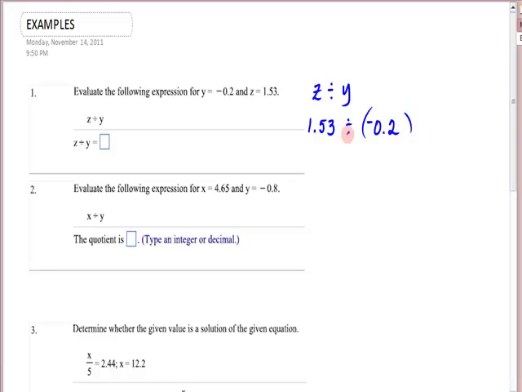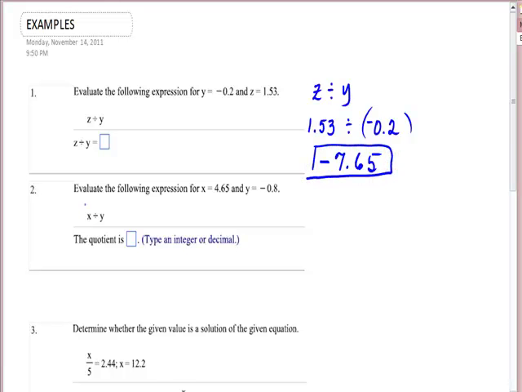It is a division problem. The rules for signs and division: if you have a positive and a negative, the quotient will be negative. So on my calculator, I'll take 1.53 divided by 0.2, and I get 7.65. The negative I knew would be there because it was a positive divided by a negative.